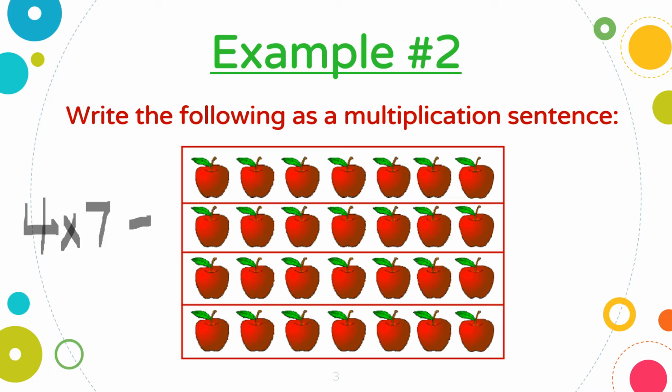And what does that equal? Well, 4 times 7 is equal to 28. You can use what we learned in our last lesson with repeated addition and say, what's 7 plus 7 plus 7 plus 7? Whether you do that or 4 times 7, you get the same answer, which is 28 apples.